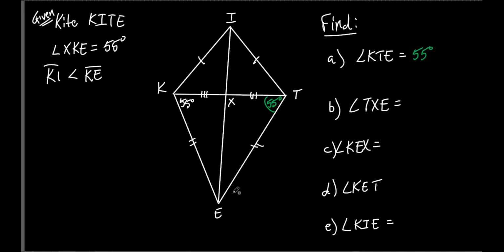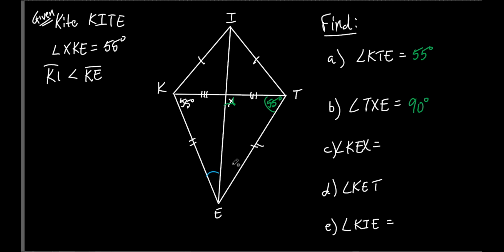All right, TXE, where's that? TXE, oh, that's easy. Right where the X is. Yeah, it's 90 degrees, because it's perpendicular, so that's 90 degrees. All right, and KEX. KEX, that's this little one right there. Now, how do we find that?